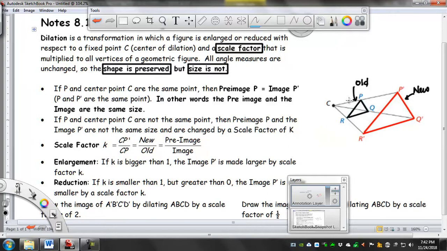So the scale factor between this line C and C prime, the new one, divided by C and P, the old one. Okay, so it's always the new image and the old image.